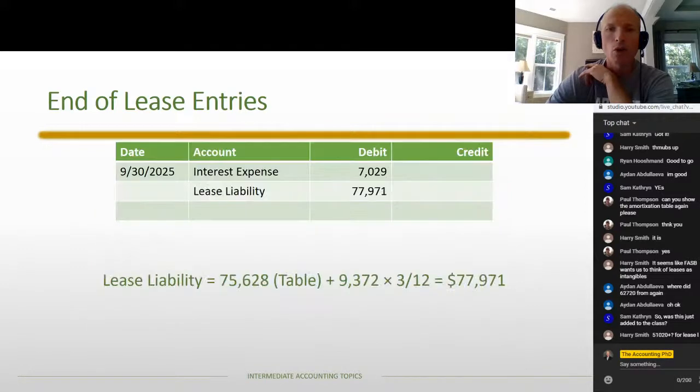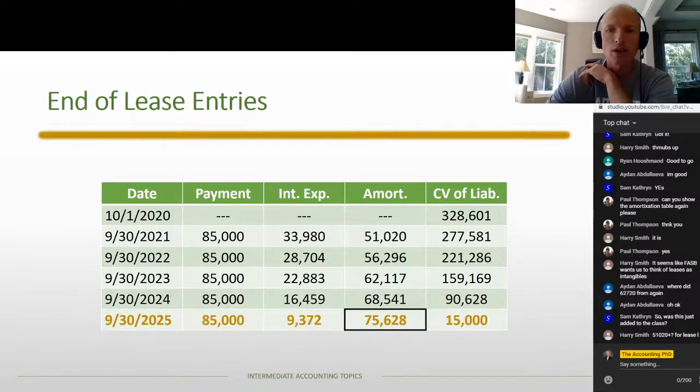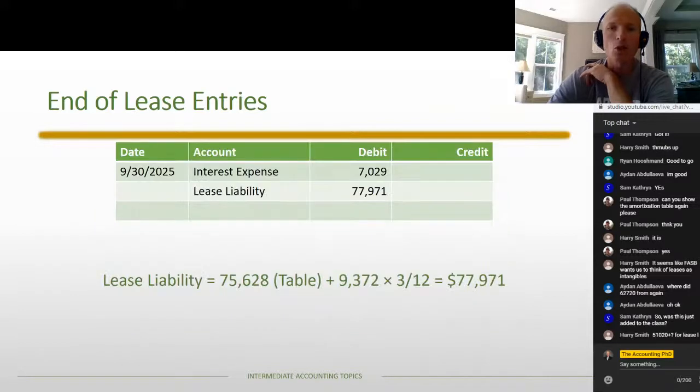So there's two components to this. There's the $75,628, and there's the partial interest expense that we had accrued to the lease liability account. And so the total amount that we would need to enter for the lease liability is $77,971.